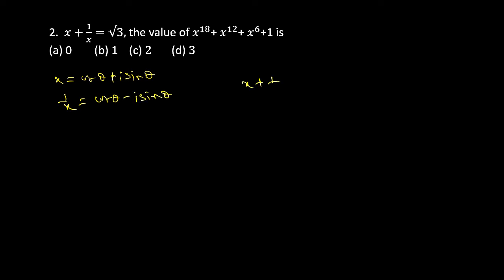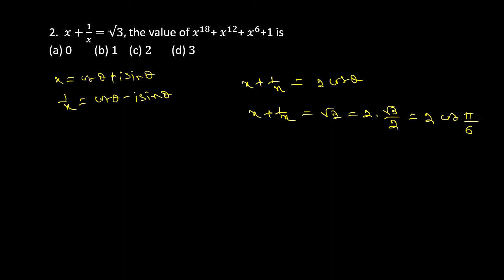Then x + 1/x must be 2 cos theta. Now x + 1/x is root 3, we can write it as 2 into root 3 by 2. This means 2 cos pi by 6.